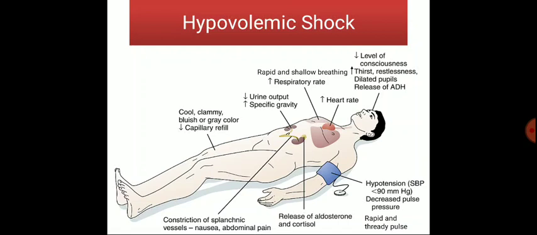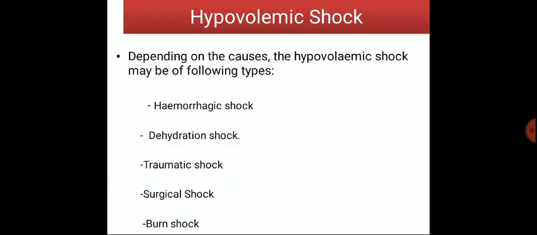Constriction of the splanchnic vessels causes nausea and abdominal pain. Depending on the causes, hypovolemic shock may be of the following types: hemorrhagic shock, dehydration shock, traumatic shock, surgical shock, burn shock.